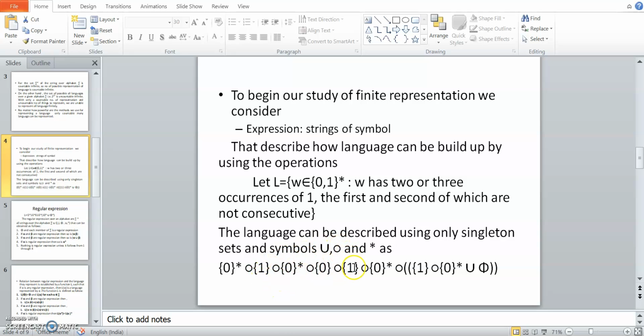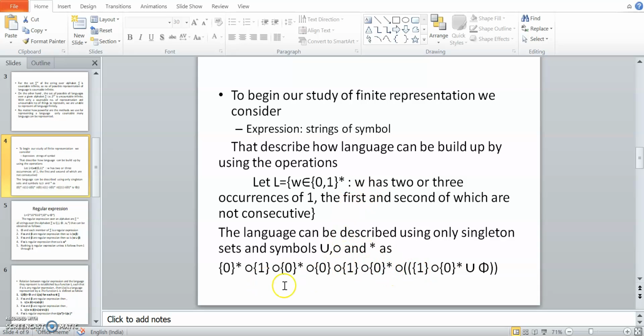Now we search for the second, which should be concatenated with the second one: 0 star, 1, any number of zeros again. So here we get 2 ones. There we say 2 or more occurrences, so it may contain 2 or more. For the second case, we need to concatenate with one more 1. So how will that be? Here there is no condition.